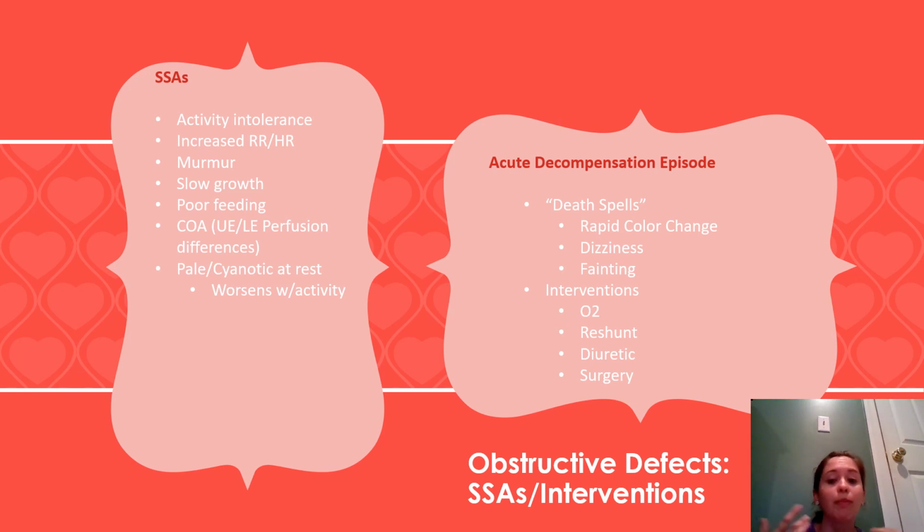So you're going to see them go from nice and pink to completely blue. They might have some dizziness, they might have some fainting. The top interventions we're going to do is oxygen and reshunt back into that fetal position. We can also try diuretics, but especially if they're in left-sided heart failure, but that's not going to be our number one. And then ultimately, in order to fix this defect, they have to go to surgery.